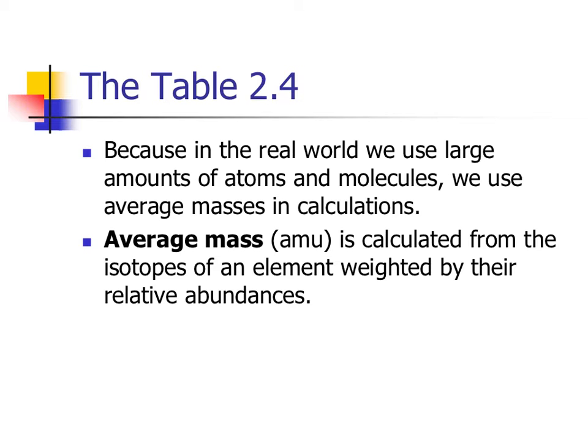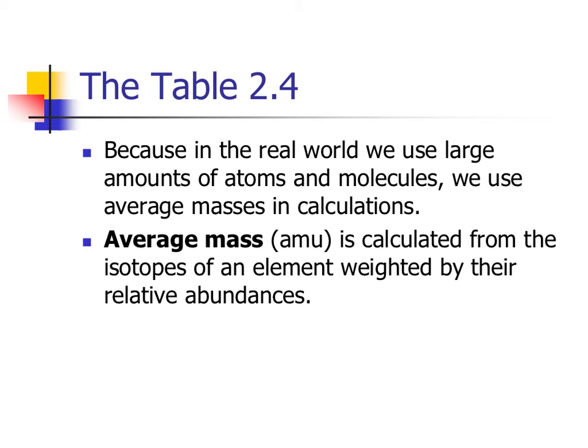We use large amounts of molecules. We can't actually detect one. Not only that, the atomic masses are actually very small numbers, and therefore we have to ramp them up.